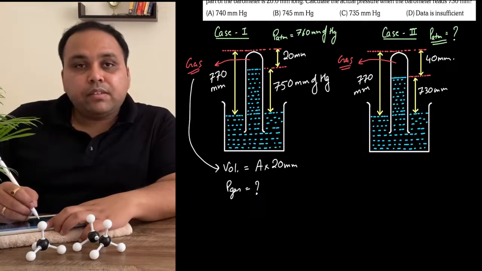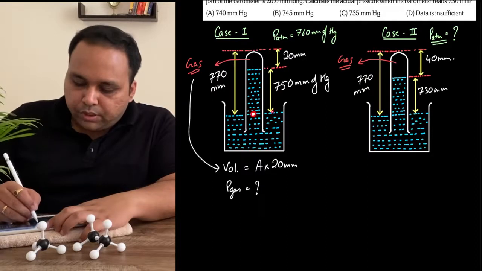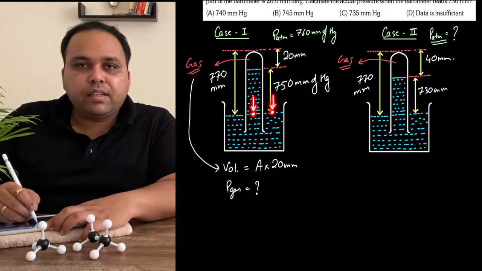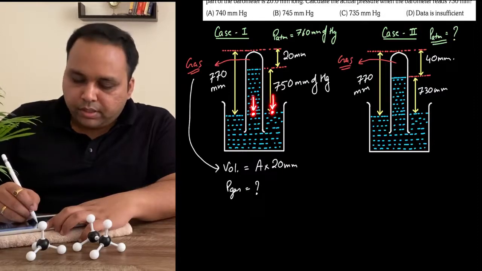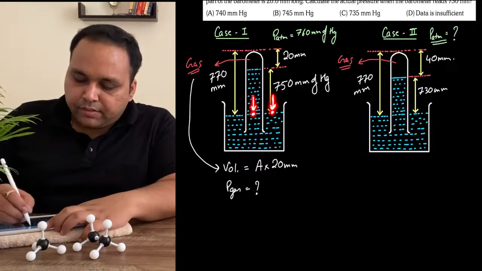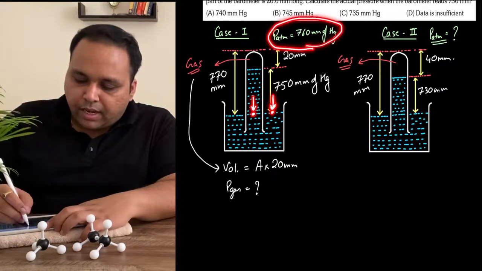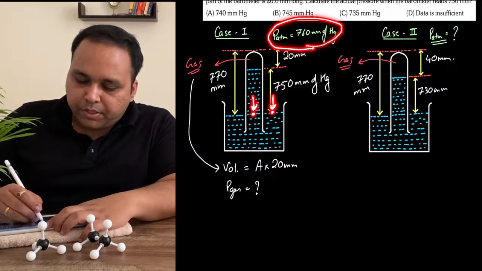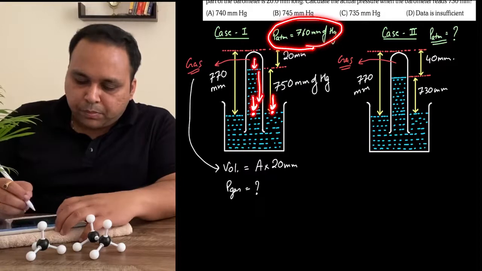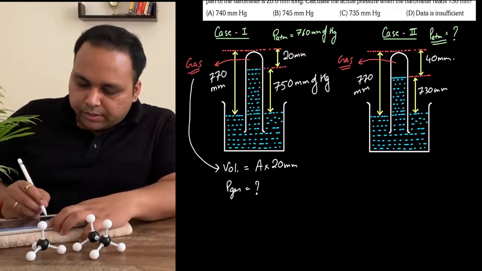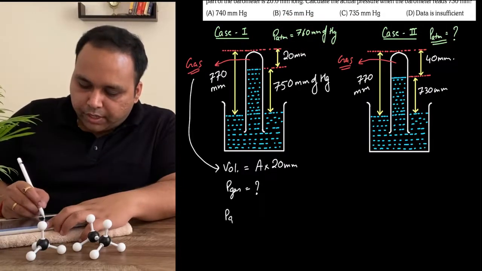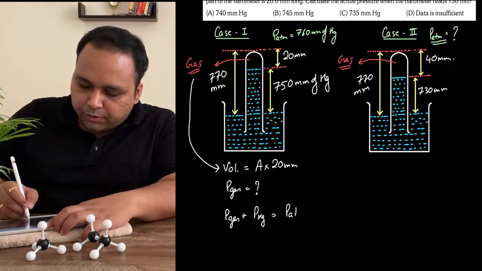the principle that pressure at the two levels will be the same in this liquid mercury. So the pressure outside is given as 760, and the pressure inside will be pressure due to gas plus pressure due to mercury. So we'll write an equation that pressure of gas plus pressure of mercury is equal to pressure of atmosphere.